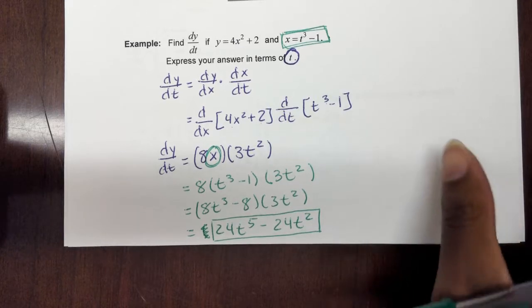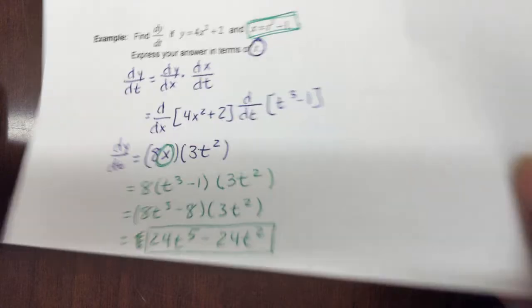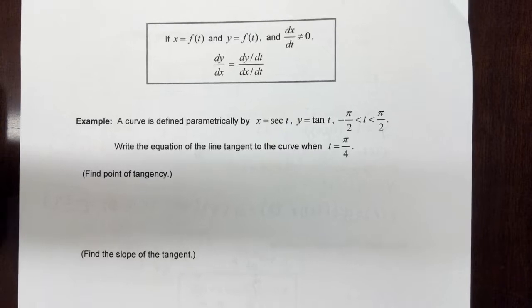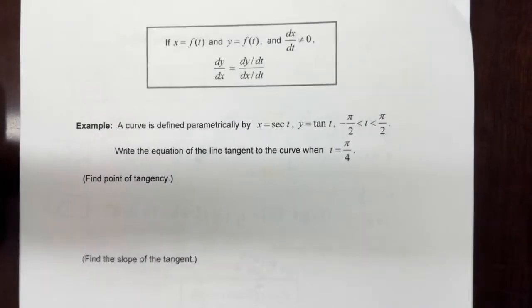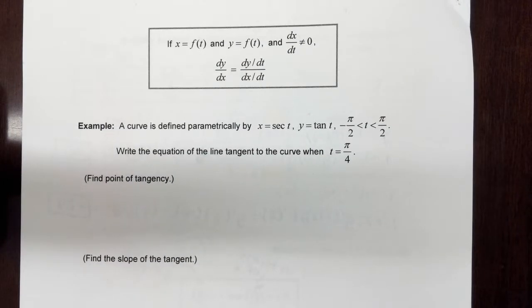So let's look at now what happens if we have our x and our y functions already in terms of t, and we want dy/dx.